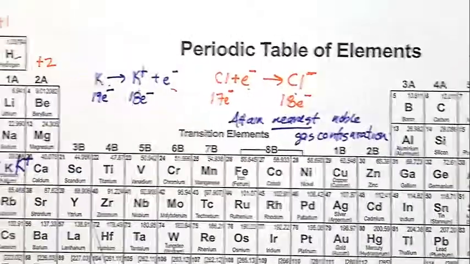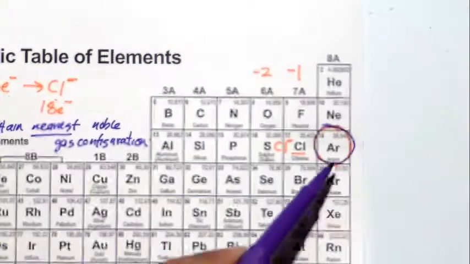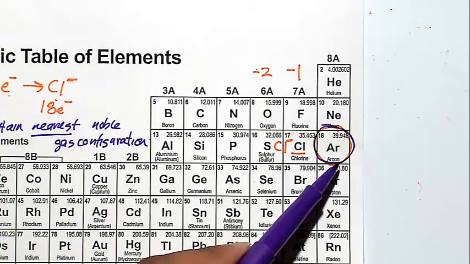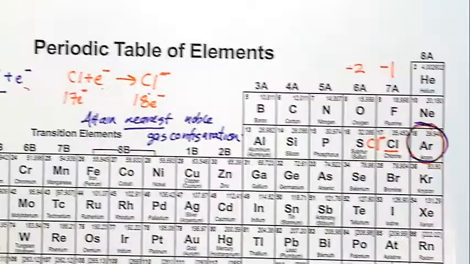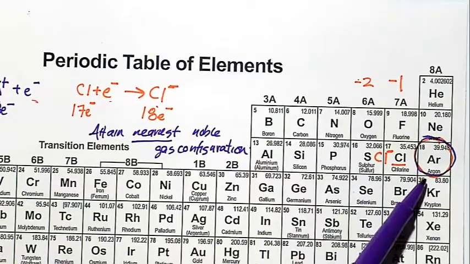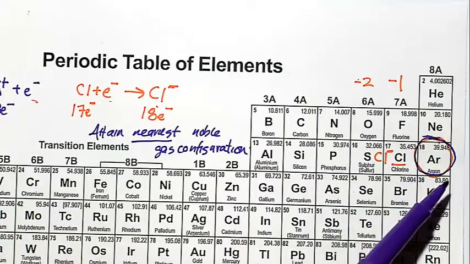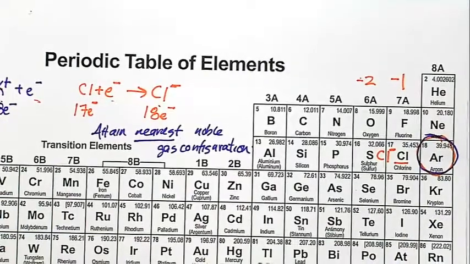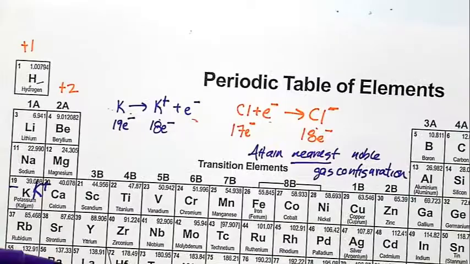By becoming an ion, this potassium now has the electron configuration of argon, and it is noble. We will talk about electron configuration later in the course. Chlorine, by taking an electron, now has 18 electrons, and it has attained the electron configuration of argon, and it has become noble.